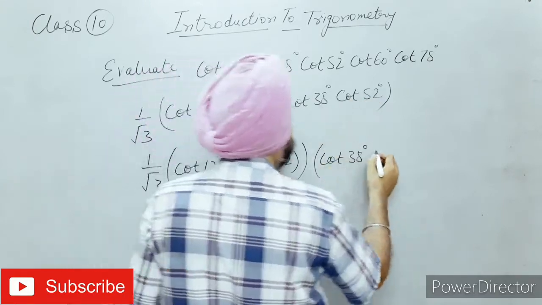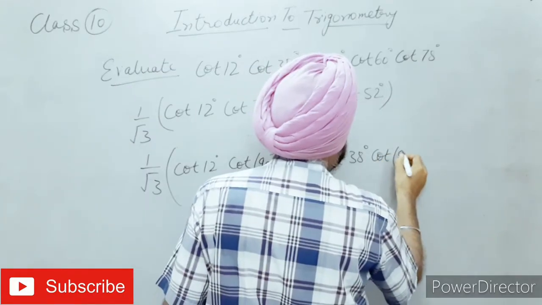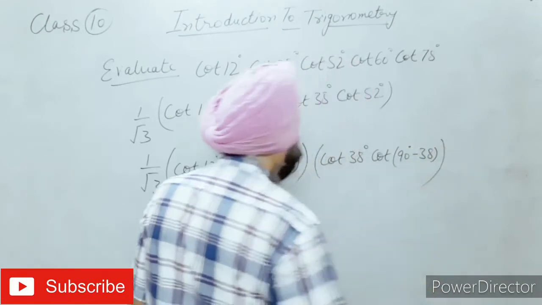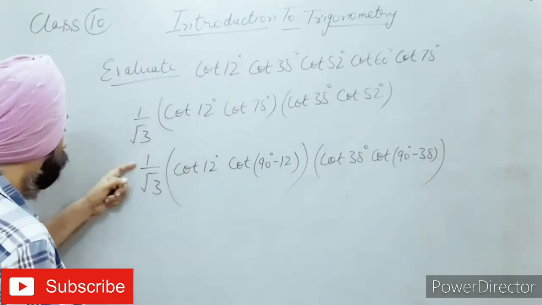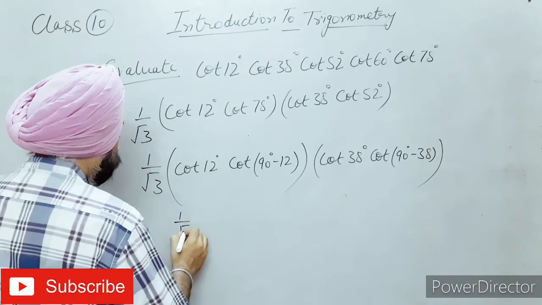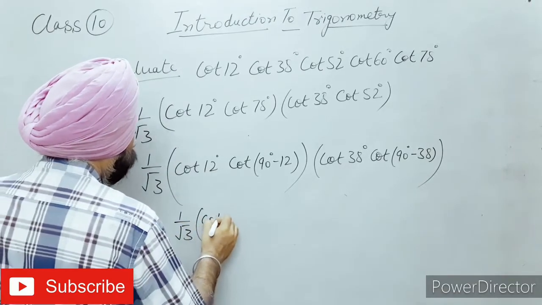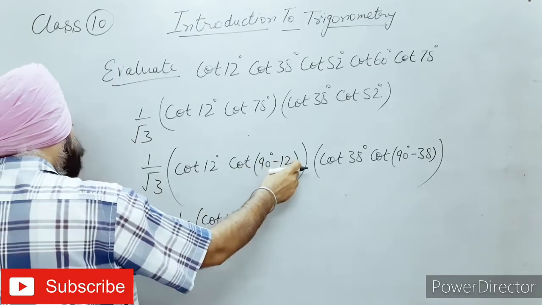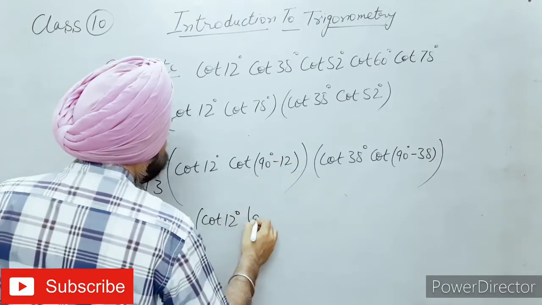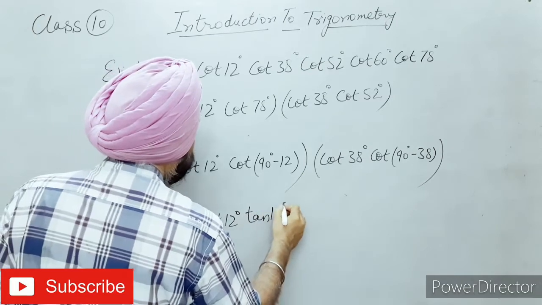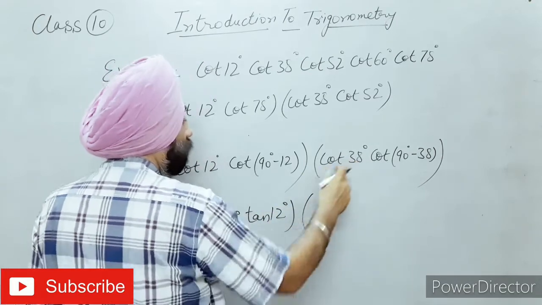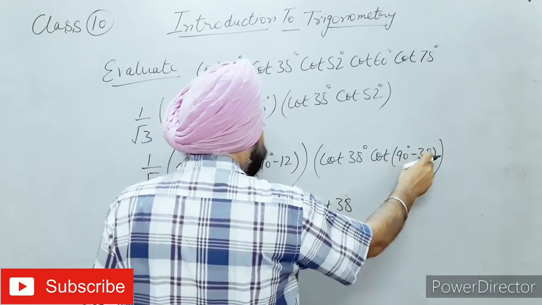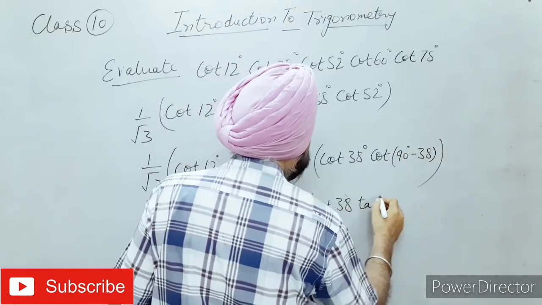This cot 52 can be written as cot of 90 degree minus of 38. 1 by under root 3, cot 12. Cot of 90 minus theta is tan theta, right? Cot 38, cot 90 minus theta is tan 38.